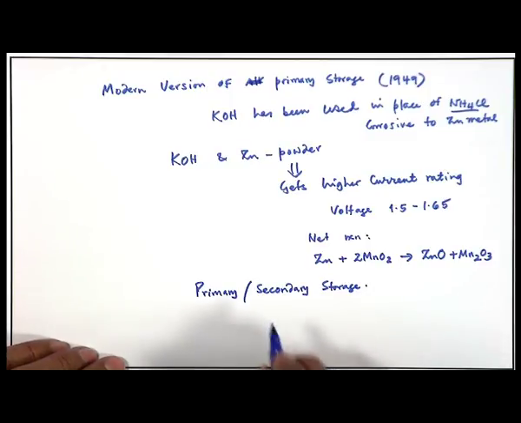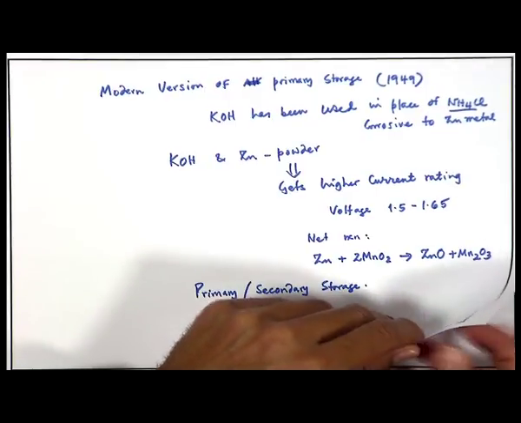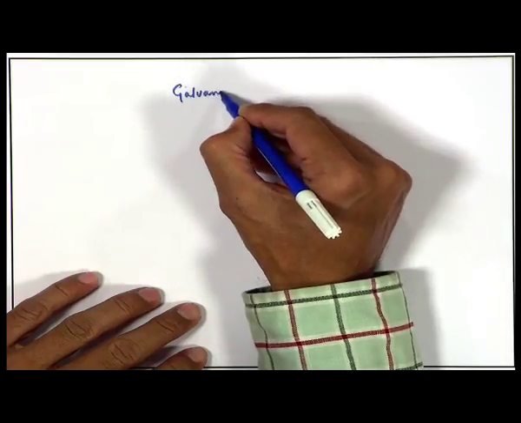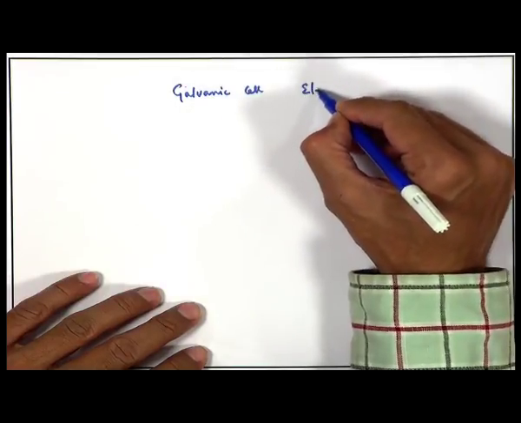While summing up, what we have learned in this lecture is that we started our discussion with the basic difference between a galvanic cell and an electrolytic cell.